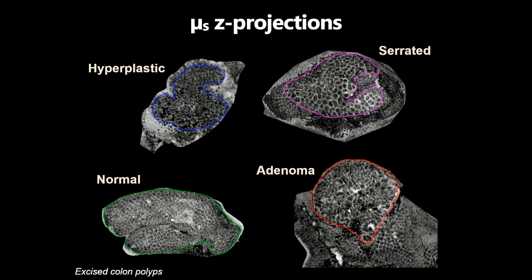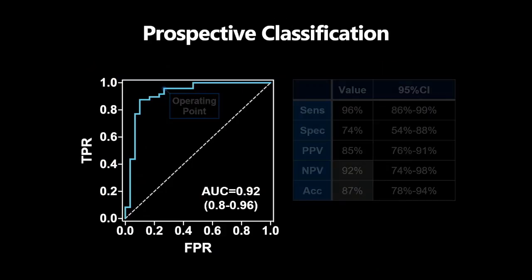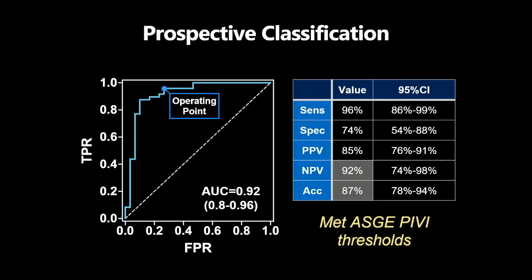And then we've done a lot of work classifying adenomas with OCT, and these are Z projections. So OCT is a 3-dimensional imaging tool, so you can have cross-sectional images, or you can cut it in the transverse plane and get what are called Z projections. And we have classified the adenomas with a machine learning algorithm, and again have very good classification accuracy with negative predictive values of over 90%.